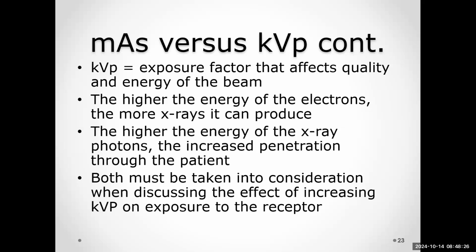There's a better chance they're going to make it through the patient's body and actually interact with the IR. And so the opposite would hold true. If they're lower energy photons, then there are going to be fewer that are actually created, and they're going to have less energy, so they're going to be less likely to make it through the patient to the IR. That makes sense? Okay.